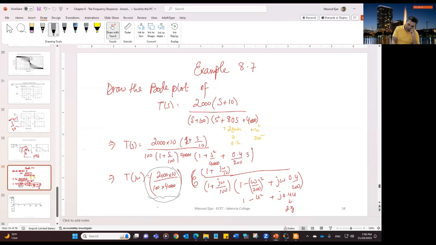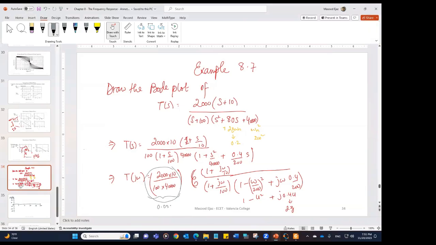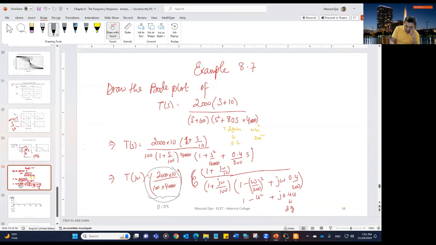So that's going to be a negative value of gain in decibel. So calculate the value. 2,000 times 10, so 20,000 divided by 40,000. That's 1/2, and so 1 over 200. So 1 over 2 is 0.5, 1 over 20 is 0.05, and 1 over 200 is 0.005.